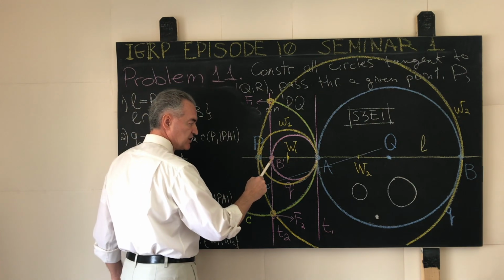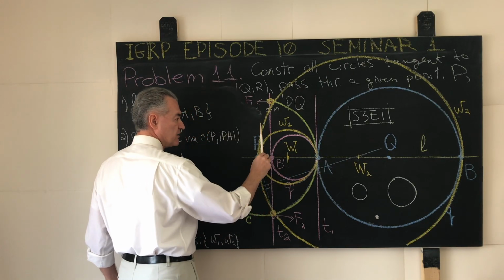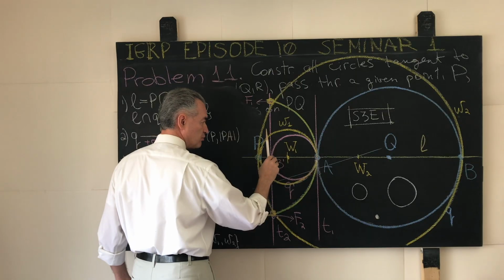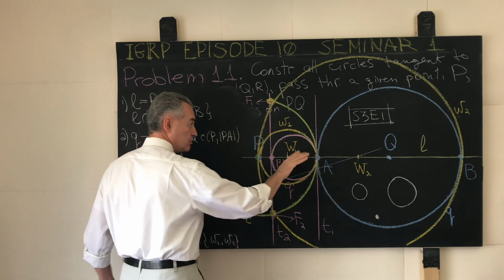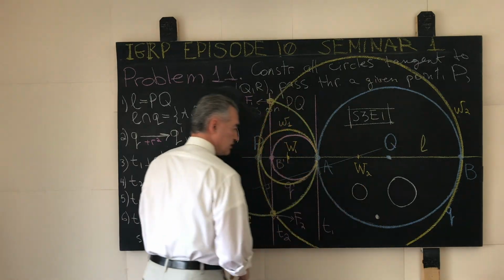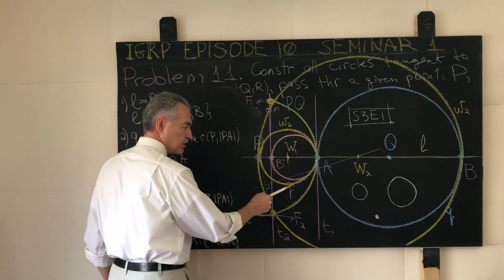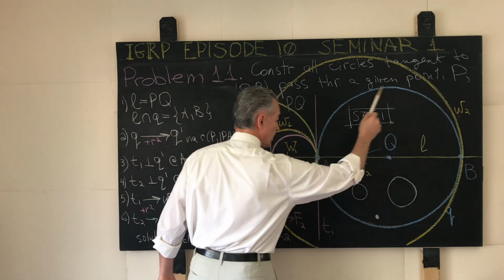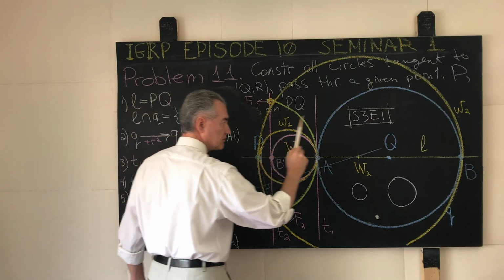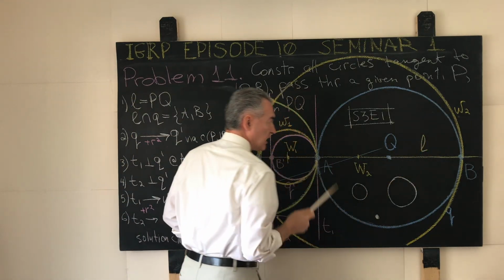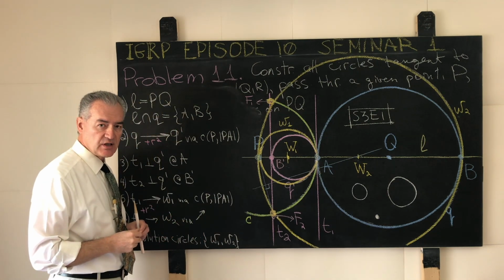And because we have precisely two such points, only point A and only point B, these are the two solutions of the inverted problem. And once we invert this new material back in the circle, the image of the circle Q prime will be the original circle Q, and we obtain the two solution circles W1 and W2.